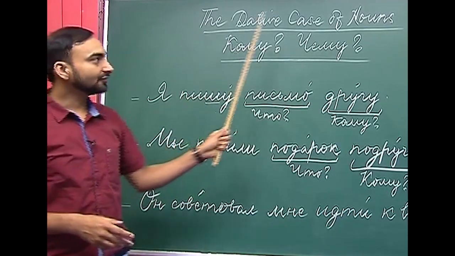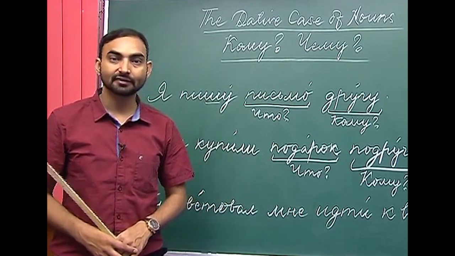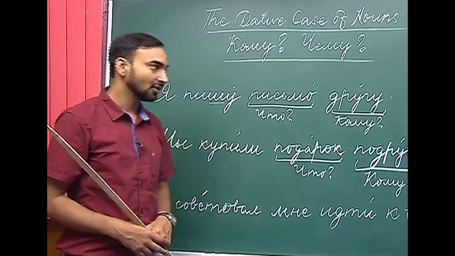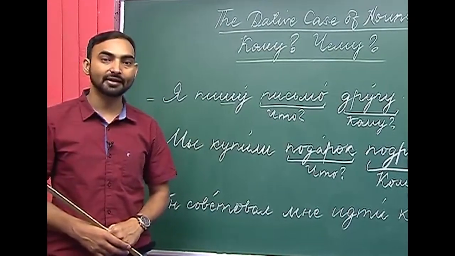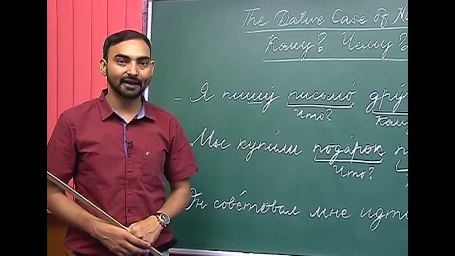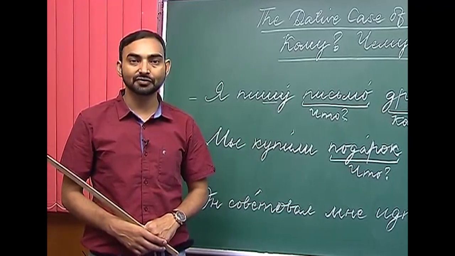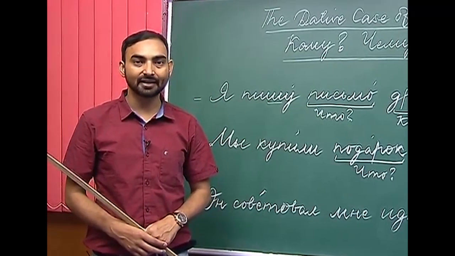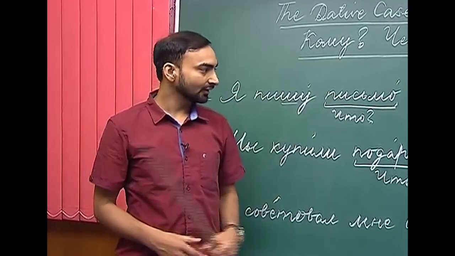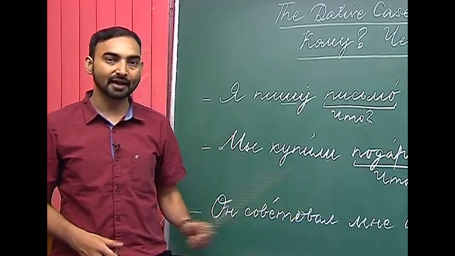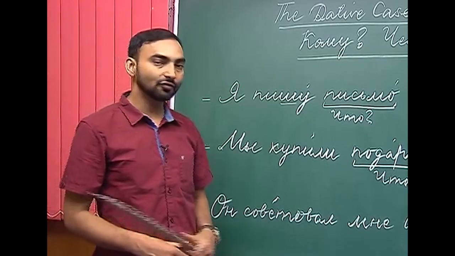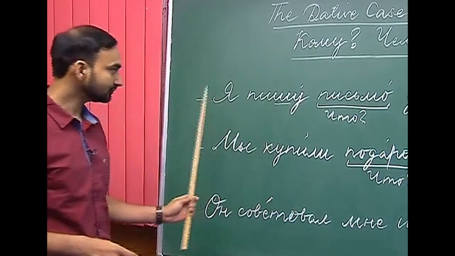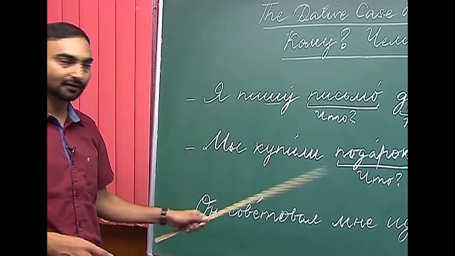The dative case of nouns without prepositions denotes indirect objects in a sentence. So, we have discussed what direct objects are. Now, we are saying that the dative case denotes the indirect objects. So, how do you understand the term indirect objects? Let us look at some examples and it will be clear how we define the indirect objects in a sentence. I have written here a couple of sentences.